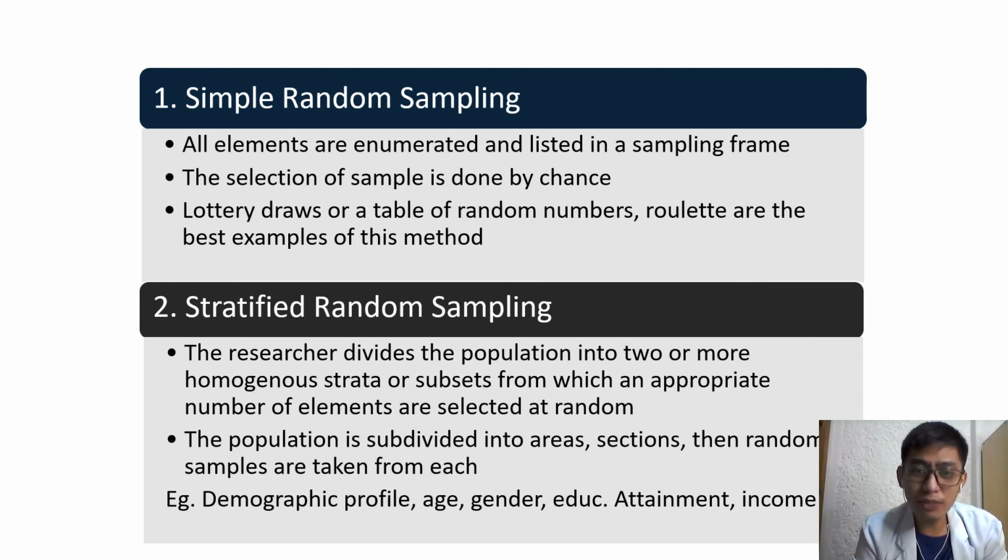In stratified random sampling, you group the population by strata, then you subdivide the area or section and random samples are taken from each, such as you group them based on demographic profile, age, gender, then you randomly select them.